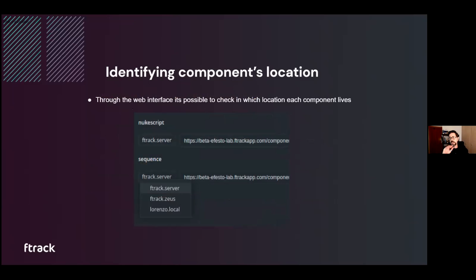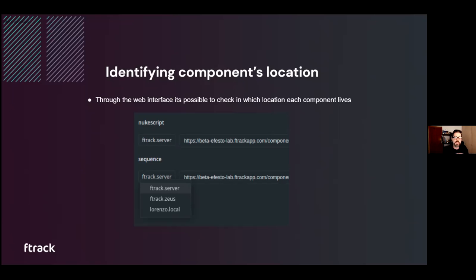So as we said, components can live in multiple locations. How can we visually see that? Through the web interface. You might be used by now to the publishing page, the versions, and the components that live within the version. Now you have the component name. Underneath, you have the location, which usually is just one.